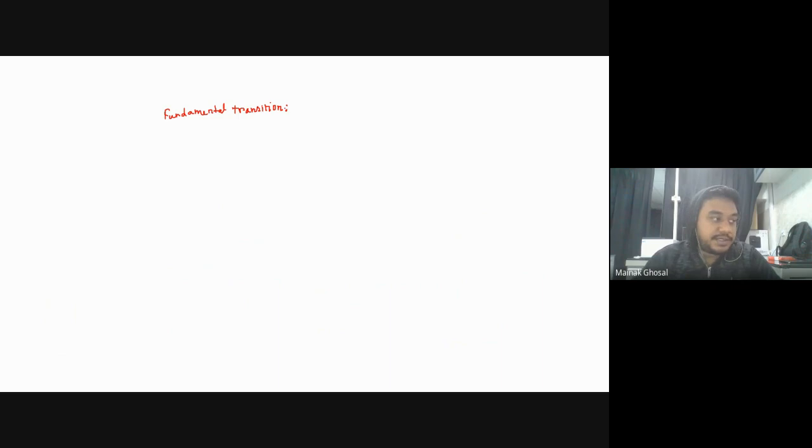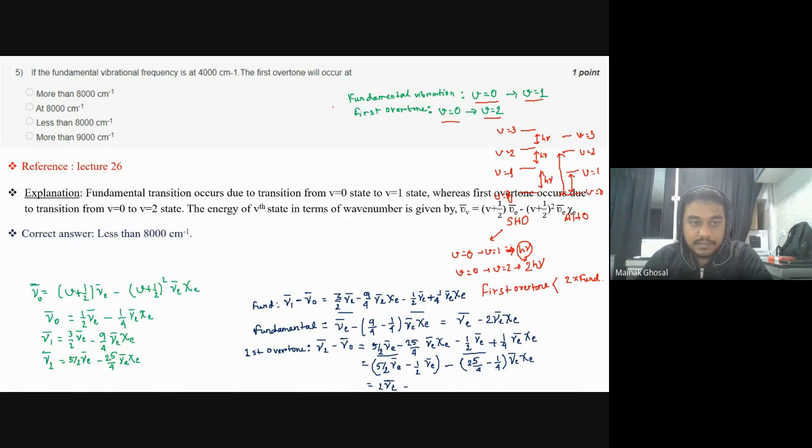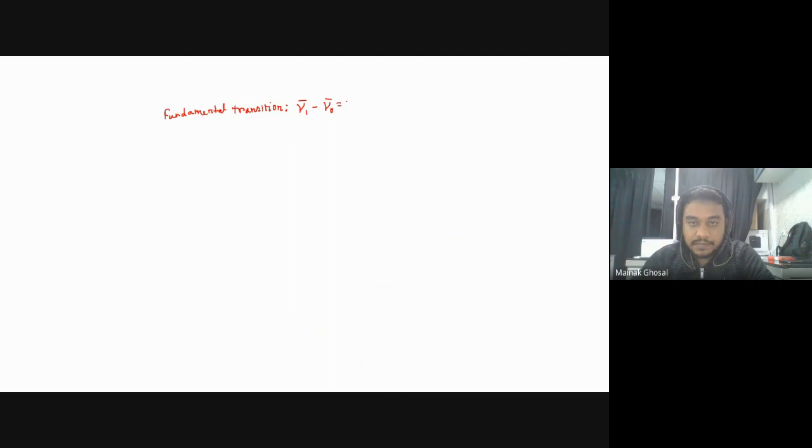For the fundamental transition, what is the value? That nu 1 bar minus nu 0 bar comes to be nu e bar minus 2 nu e bar chi e.